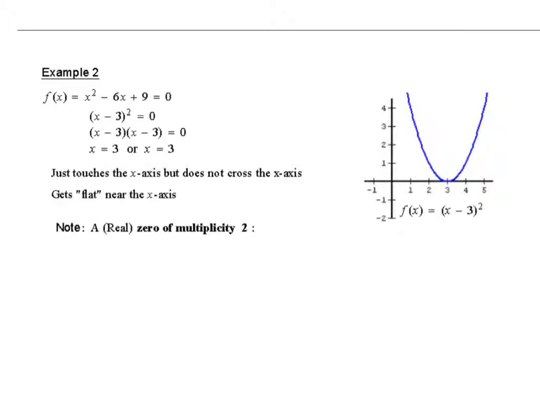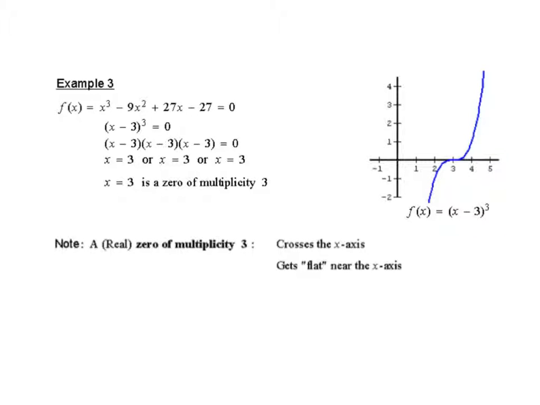At this next zero, we have something that looks like a bounce. When it bounces like this, the x-intercept is at 3, and the factor is x minus 3 quantity squared. So this real 0, it's real because it's on the x-axis, has a multiplicity of 2.